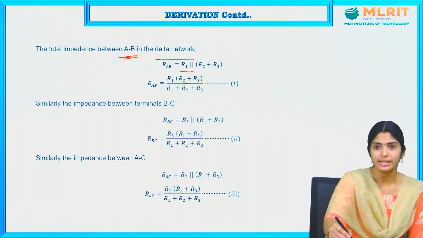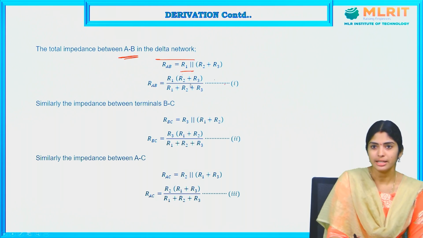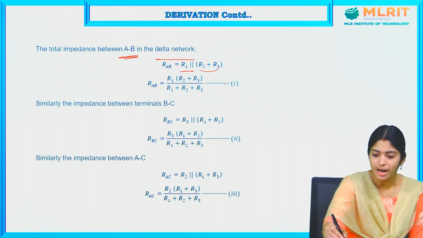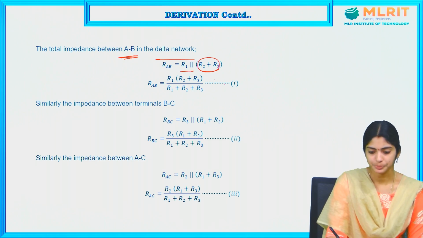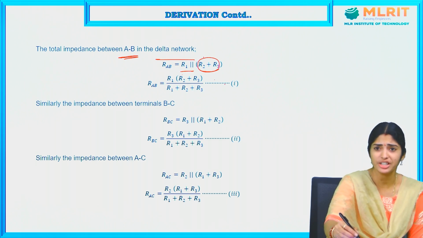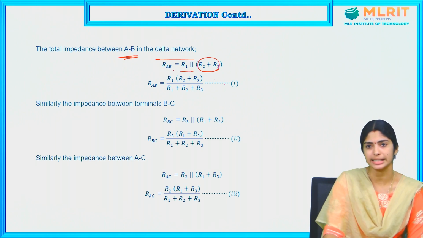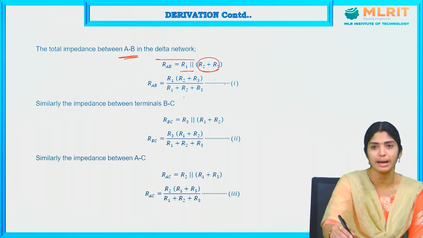Just like resistors connected in series and parallel, we'll use the same formulas. Series connection means R1 plus R2, so here we have R2 plus R3. What is the equation when two resistors are connected in parallel? R1 R2 by R1 plus R2. The same I will apply here.